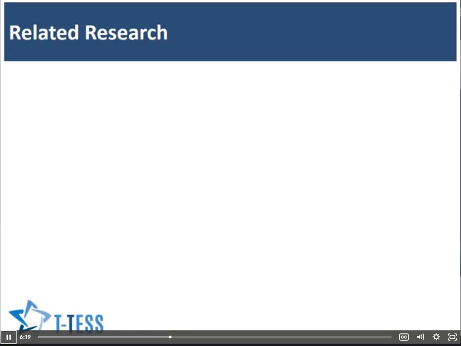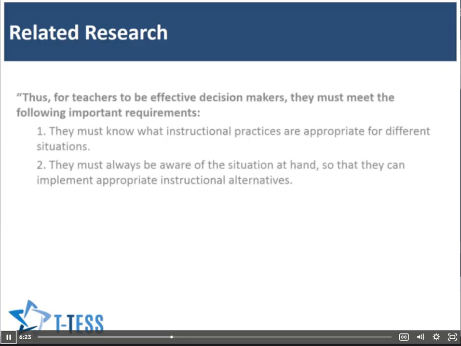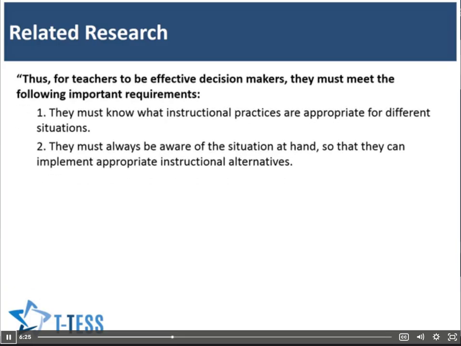Let's look at one related piece of research for Monitor and Adjust. Take a minute to read through this section. We see a direct connection here with content knowledge and expertise and that specific dimension.